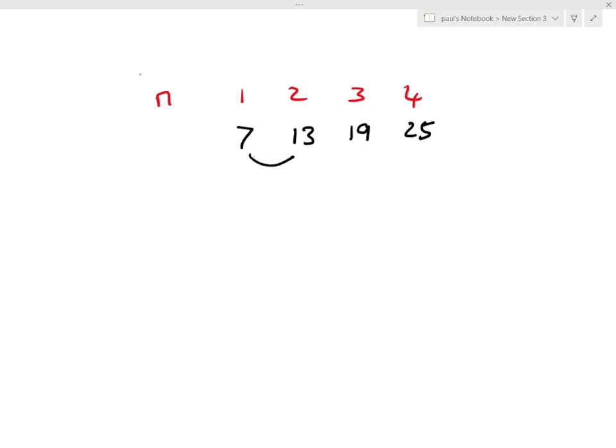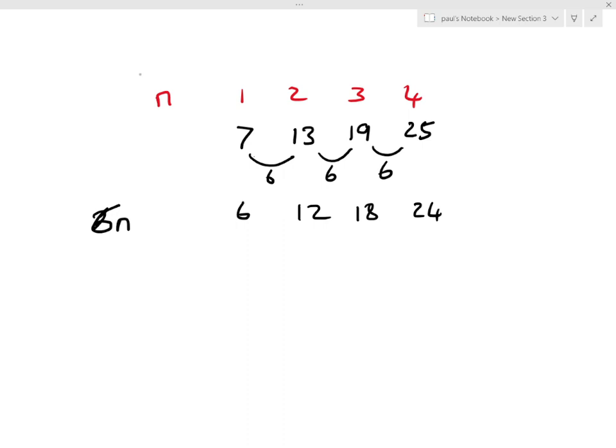Let's find out what the n number is. So 6, 6, 6. We're adding 6 each time, so this becomes 6n. Now, let's find out what 6n actually is. 6 times 1 is 6, 6 times 2 is 12, 18, 24.